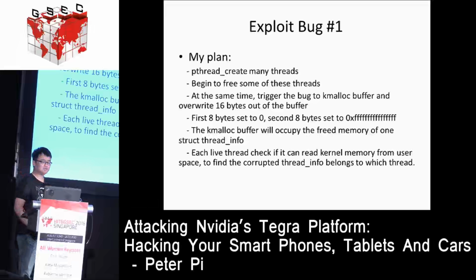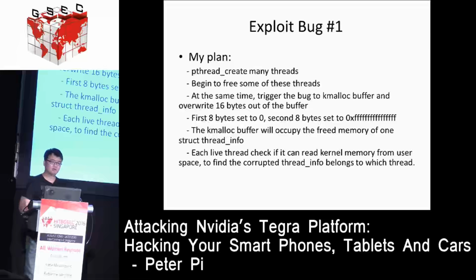At the same time, another thread triggers the bug to k-malloc a buffer and overwrite 16 bytes out of the buffer. The first 8 bytes set to 0, and the second 8 bytes set to -1. The k-malloc buffer will occupy the freed memory of one struct thread info.